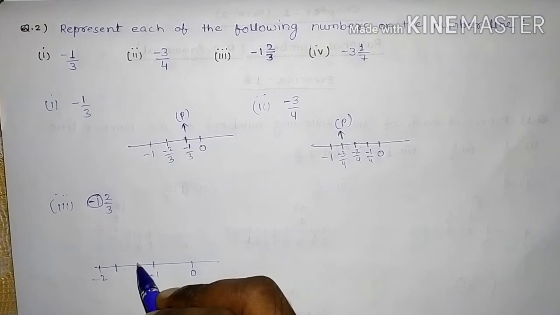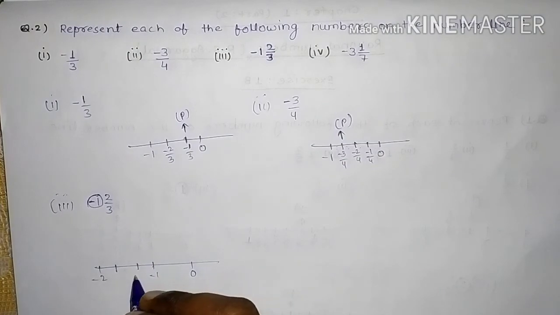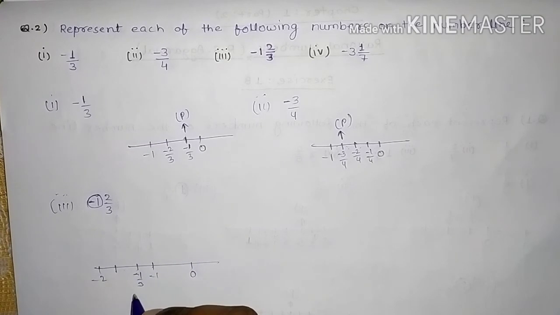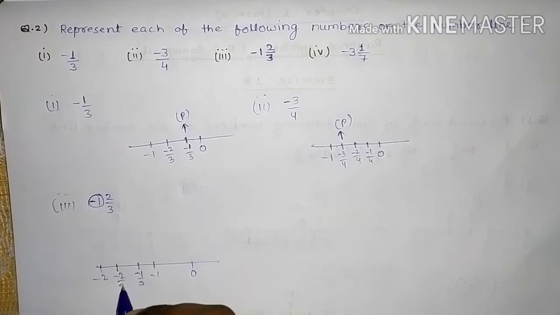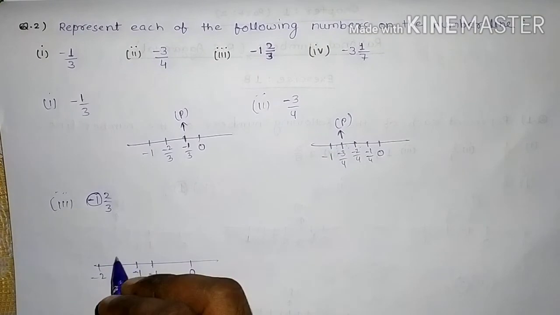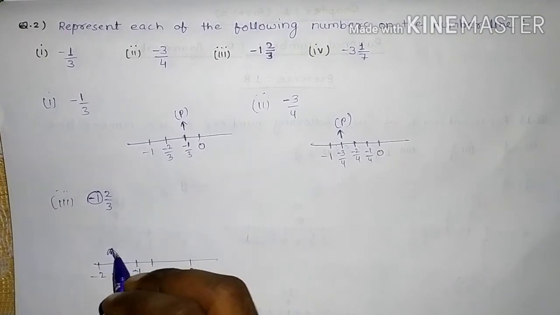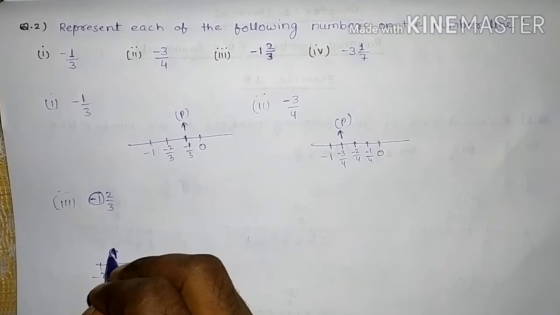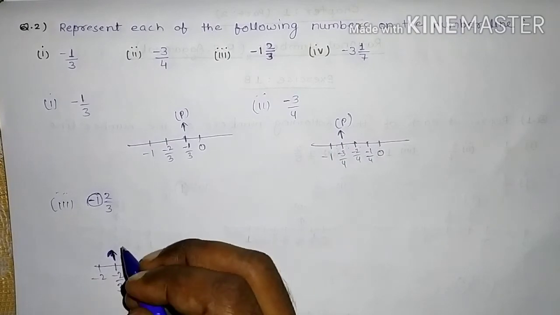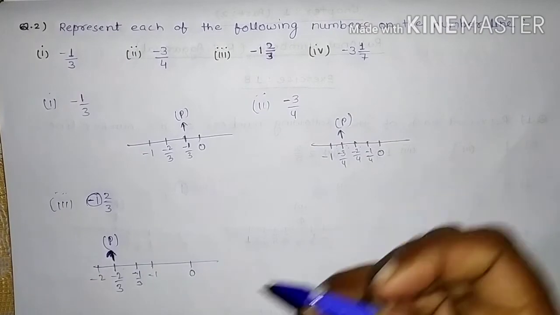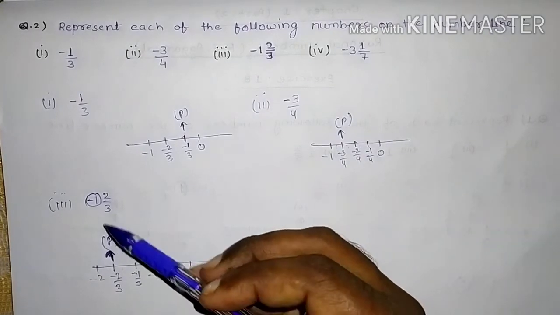So this is -1 by 3, and this is -2 by 3. Now this point is P, and this is -1 2 by 3.